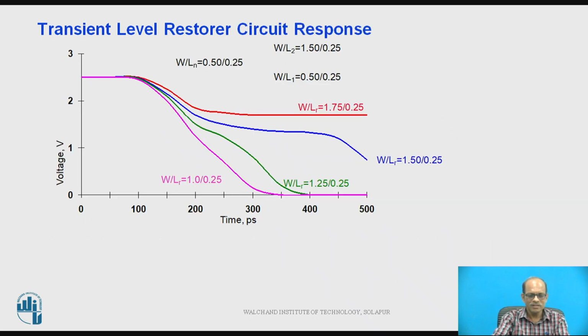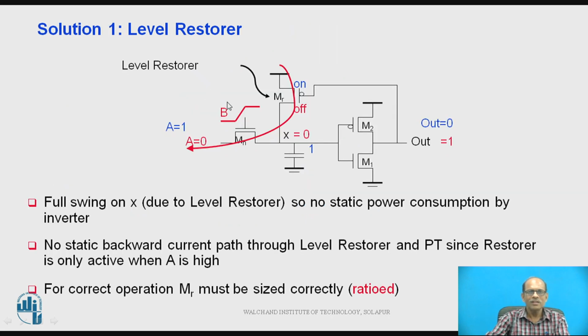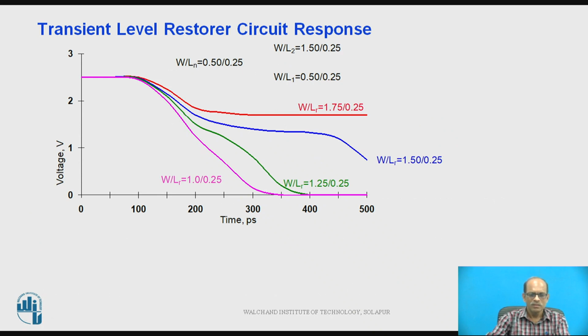Now let us understand the sizing of the MR and how it affects the circuit performance. If you go back to the earlier slide, this is the MN, this is M1, M2, and this is the MR, that is the restorer. The sizes W by L2, W by L1, and W by Ln are given, and we are changing only the W by LR.